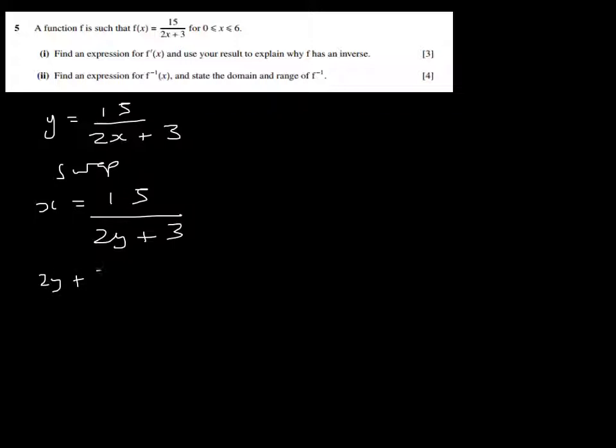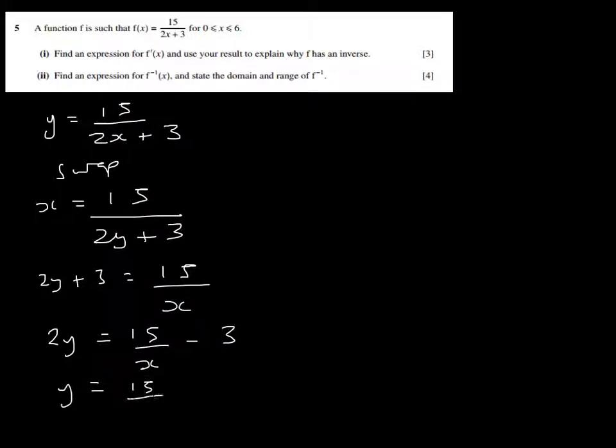So this is a skill that hopefully by now you have got pretty much sorted, because it pretty much always comes up having to find inverse functions. So I've just been doing that while I've been talking. Last step now is to divide everything through by 2. So that'll be 15 over 2x minus 3 over 2.